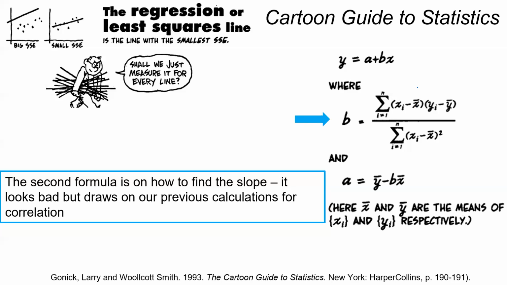And this looks scary, but it should be familiar. What is this? Well, we've seen this. We've done this calculation before. This is the covariance, the product of the differences between each score and its mean. So we've done this, the sum of the differences. And then at the bottom, this is the sum of the squared deviations around the x variable.